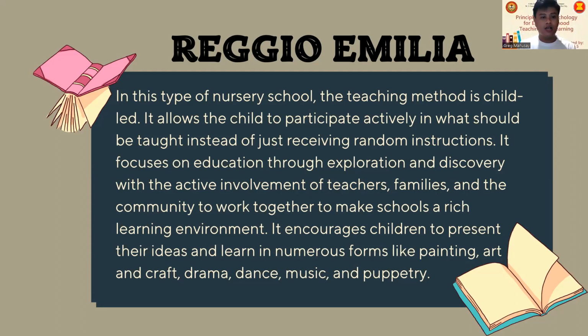It also focuses on education through exploration and discovery, with the active involvement of teachers, families, and the community working together to make schools a rich, conducive learning environment. It encourages children to present their ideas and learning in numerous forms like painting, art and craft, drama, dance, music, and puppetry.